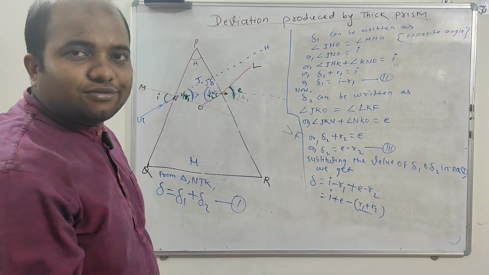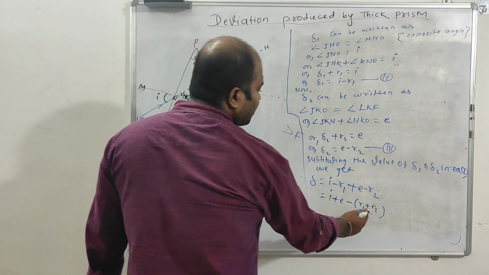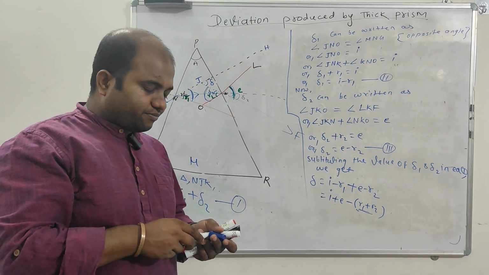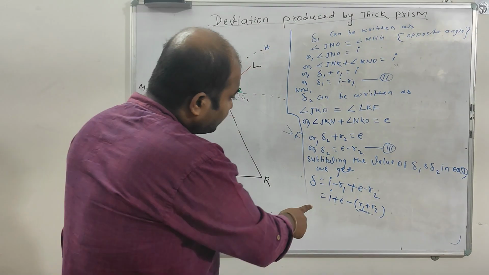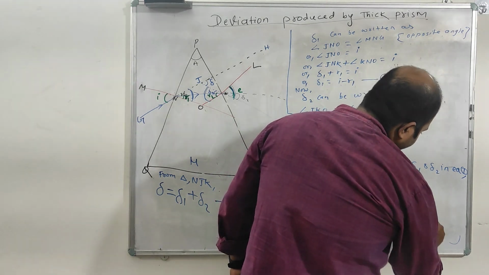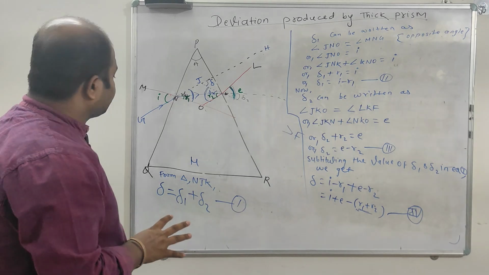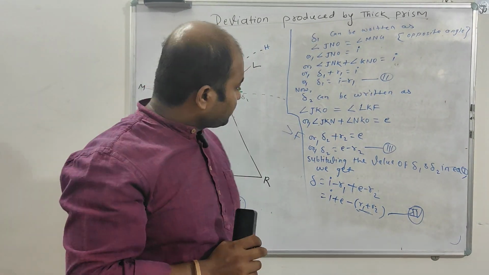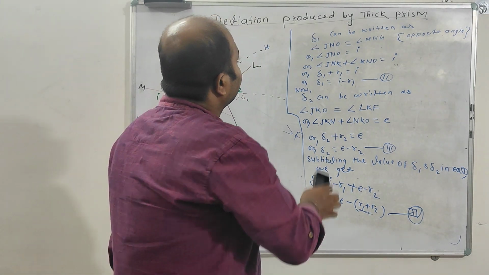One small calculation will do it. Let's assume this is equation 4. Now I will erase this, but remember this: I plus E minus (R1 plus R2).